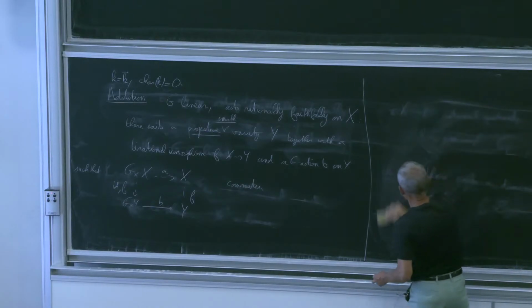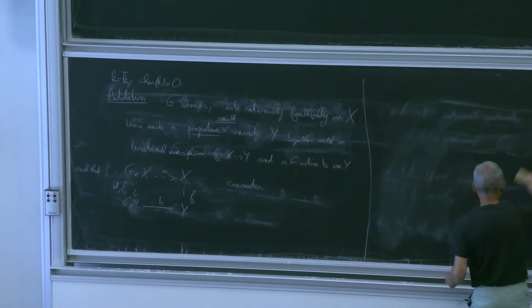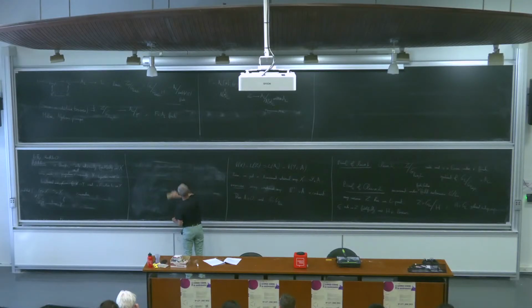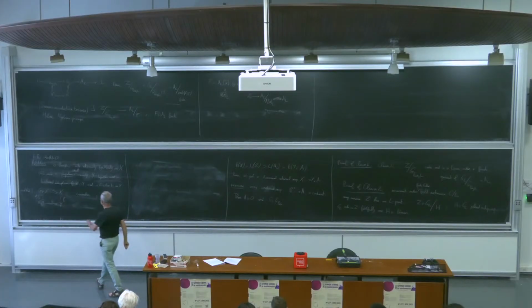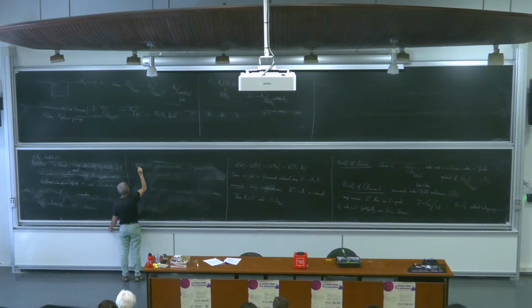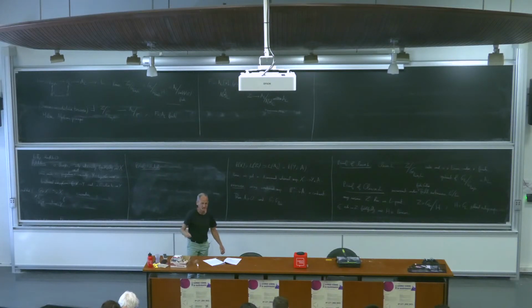So let me explain how you prove this, how you can add this word projective. This will be extremely sketchy, because well, I was very badly organized and I spent most of my time in the beginning.